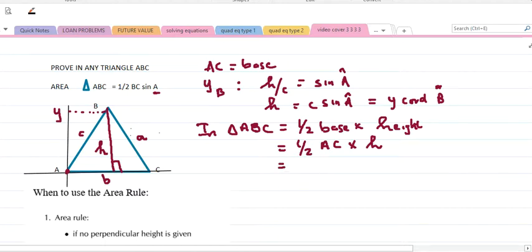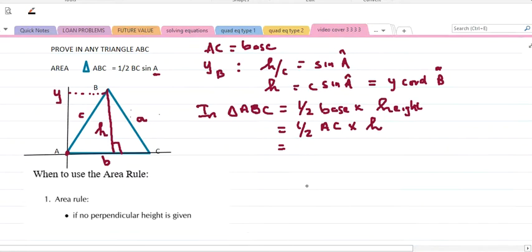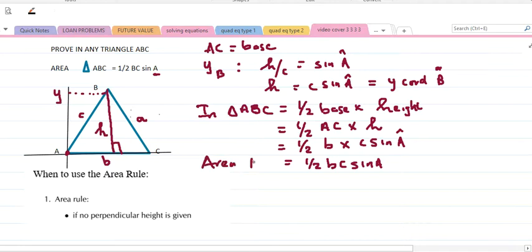Now if we substitute into our formula there, AC is b times h, which is c sine A. And if we rewrite this as half bc sine A, which is the area of triangle ABC.